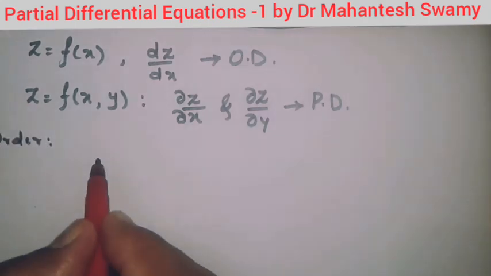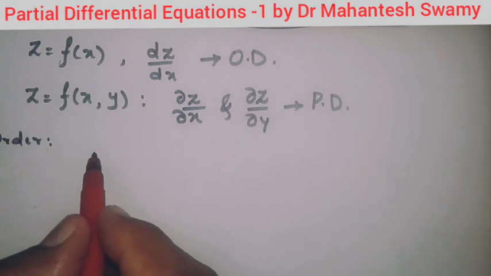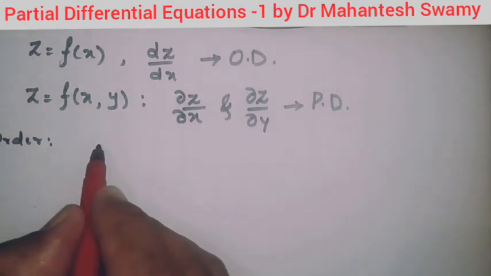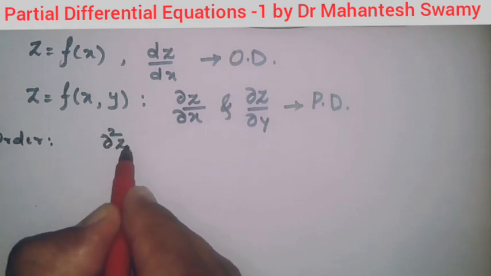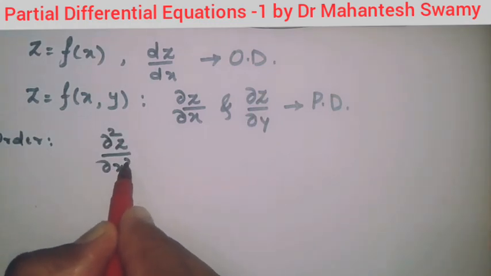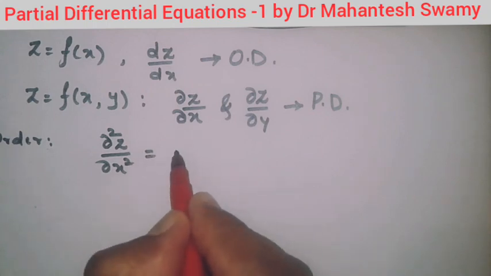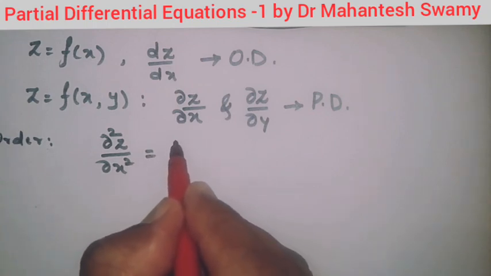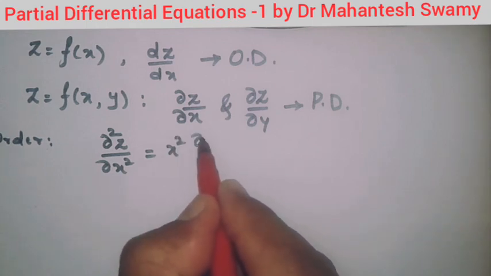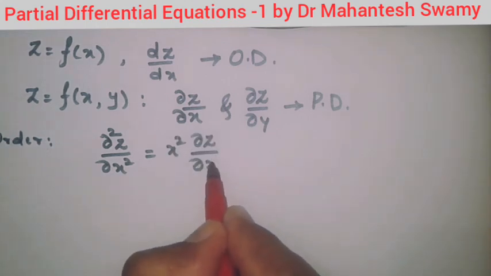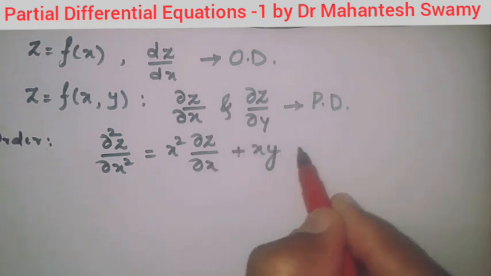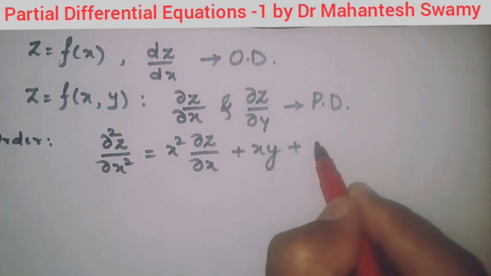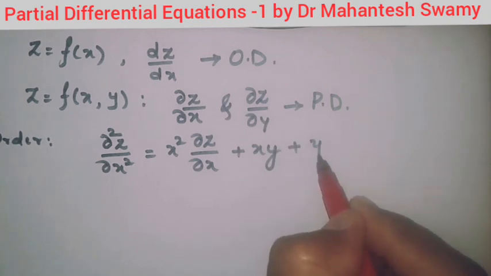Now let us try to have a couple of simple examples. A differential equation can be dou 2z by dou x2 equals dou 2z by x square into dou z by dou x plus xy plus yz.